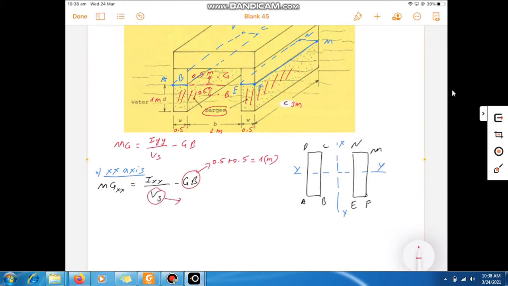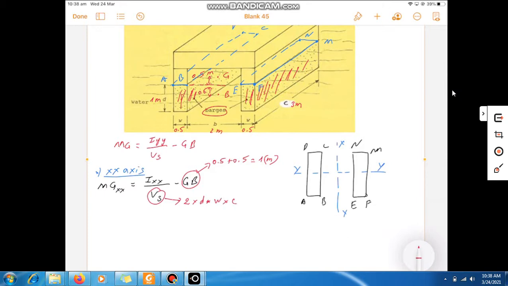So Zb will be equal to 0.5 plus 0.5, or 1 meter. Okay, Vs is the submerged volume. It is the red volume you see on the screen. Yeah, this one and this one.